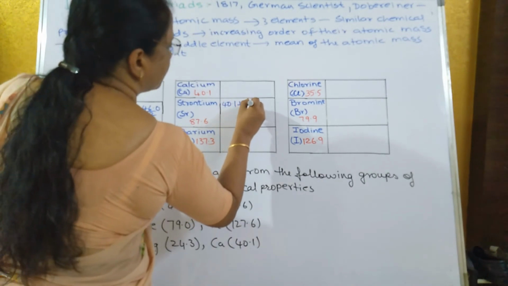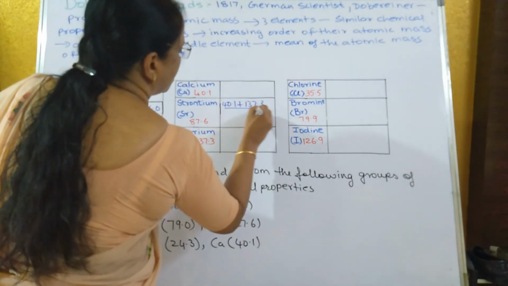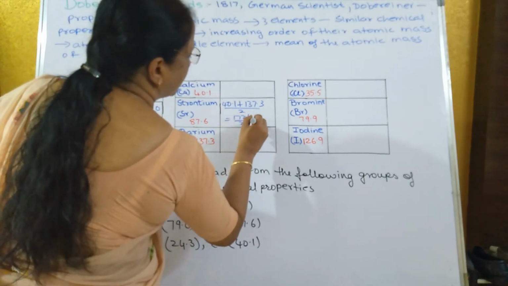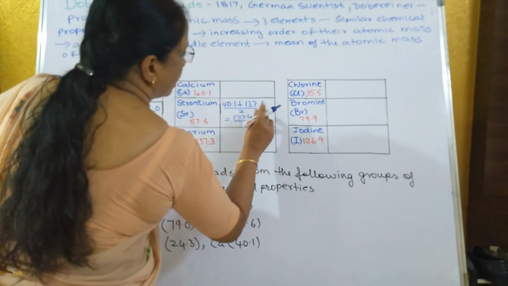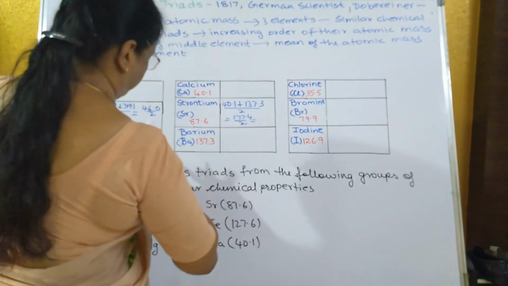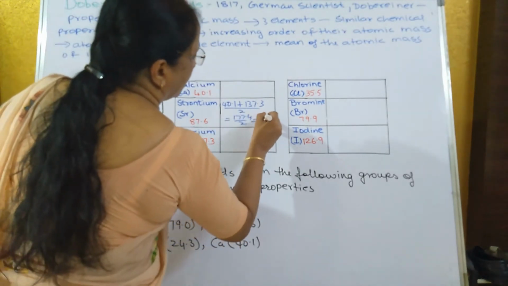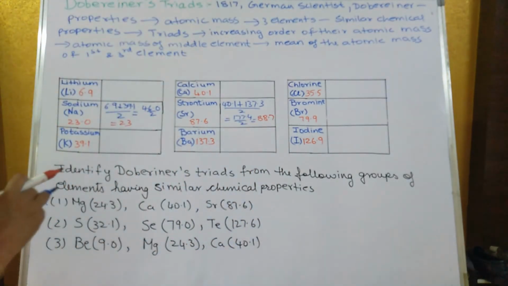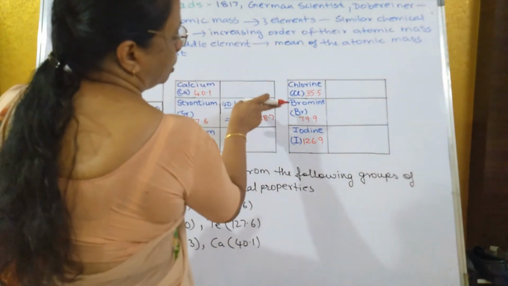For the next one, 40.1 plus 137.3 divided by 2, you will get 177.4 divided by 2, which is equal to 88.7. 88.7, which is approximately equal to 87.6. The last one is chlorine, bromine and iodine.